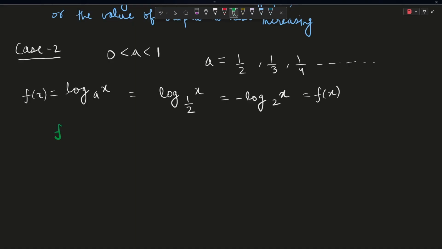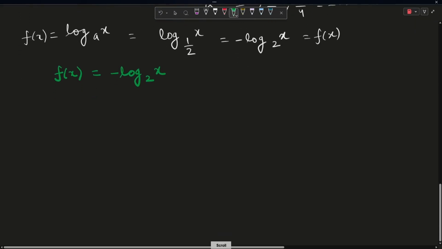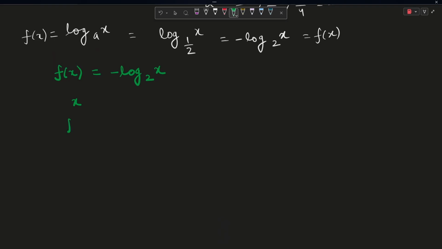So what function we are having, f of x is equal to minus of log x to the base 2, and the points will be x, f of x. Let's say x is equal to 1, then the log will be 0, so the function will be 0. If x is equal to 2, then the answer will be minus 1.